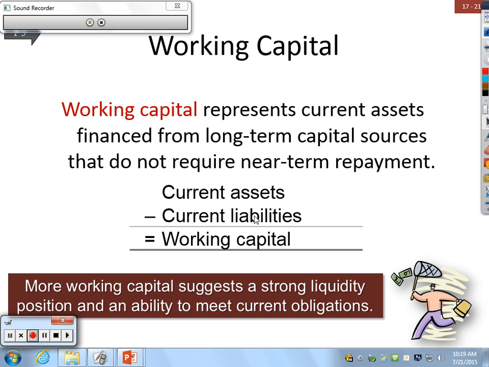All right, so working capital is current assets minus current liabilities equals working capital. So what does this actually mean? If the current assets are more than the current liabilities, that's a good thing, because if the business closes or liquidates, they'll be able to pay off their debt and still have money left over to do other things.